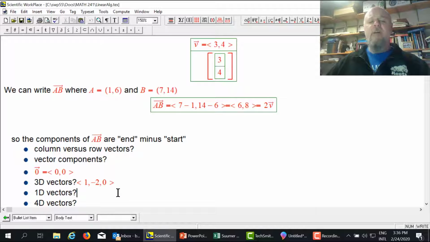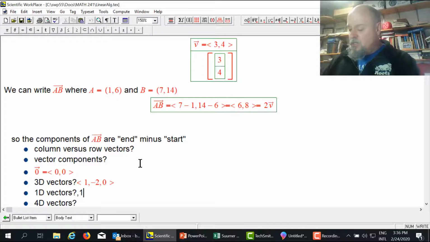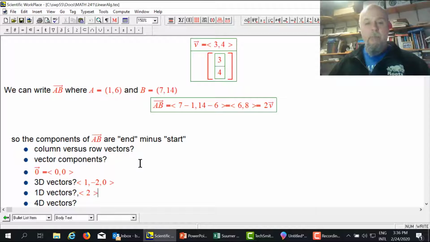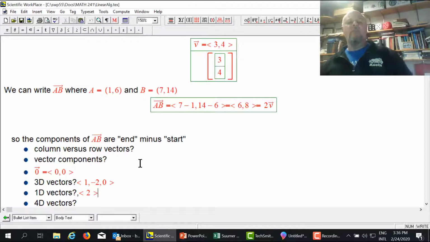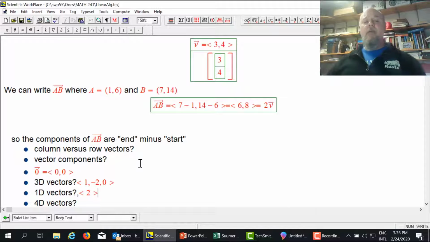Can you have a 1D vector? You can, I guess, but if I write a 1D vector, it's just a number. What's the difference between a 1D vector and a number? Well, a number I'm going to call a scalar, and a 1D vector then has direction.